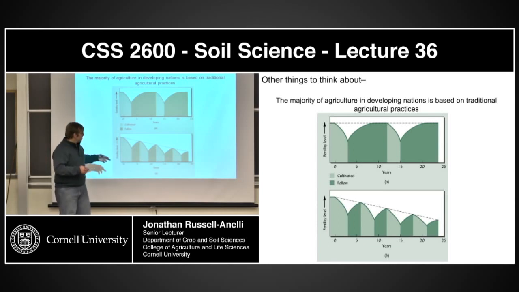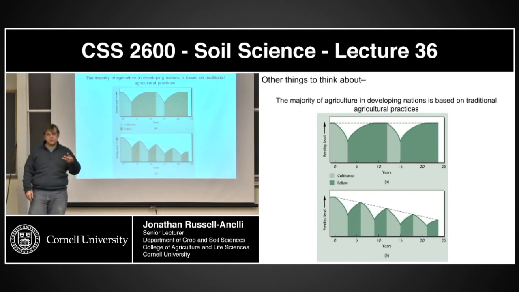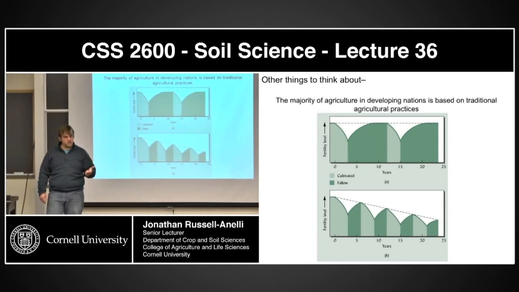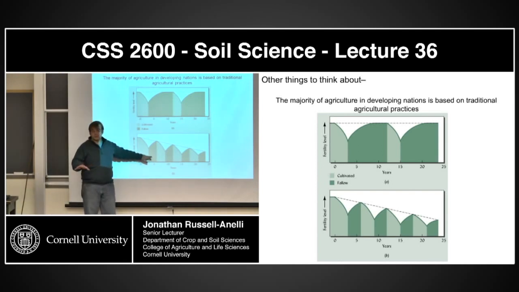Now, this is what we're seeing today, though. Why? We need to increase food production. It's one of those three things we talked about earlier. But because our populations are growing, we can't let these soils, at least using traditional methods, sit in the fallow period as long as we did before.